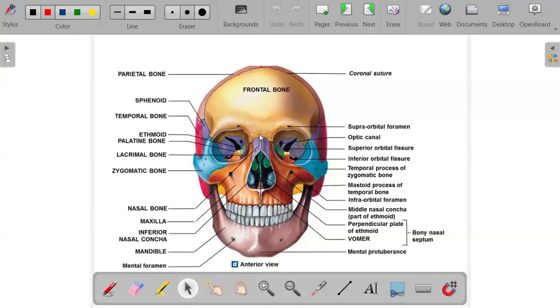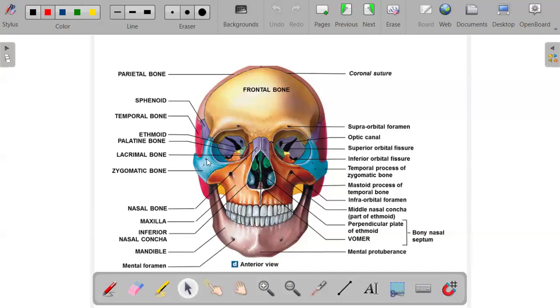Then we have the superior orbital margin. Okay, and then you can see some other prominent bones. So we have this bone right here, which is the maxilla, and here again you can see the mandible. You can see these two blue bones that are here.